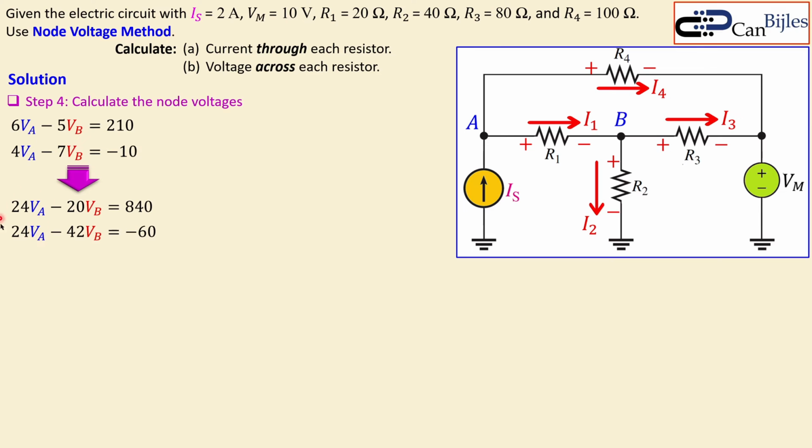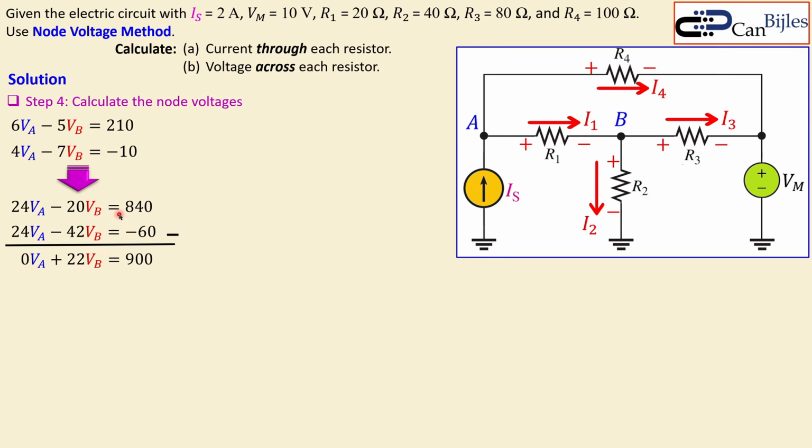Now, in order to get rid of VA, I need to subtract as follows: first equation minus the second equation. Now you will get this operation. This will be 0, so 0 times VA. And you will get minus 20 VB minus 42, that will be plus 42 VB. So we'll get 22 VB.